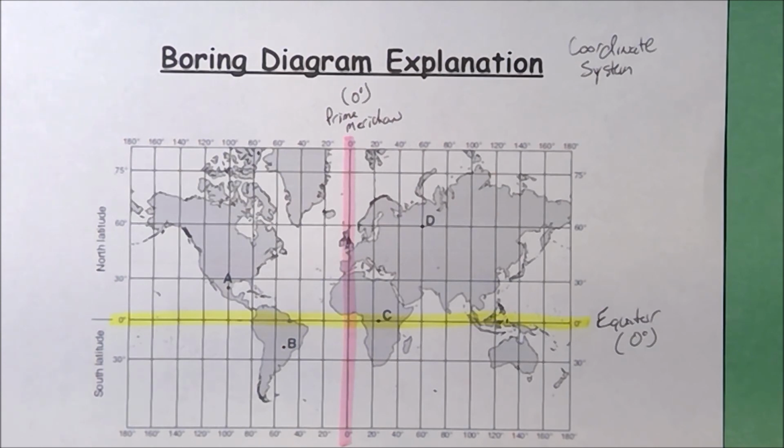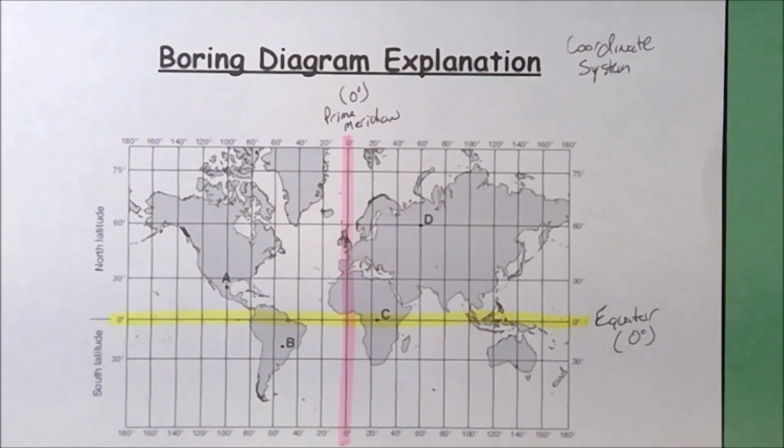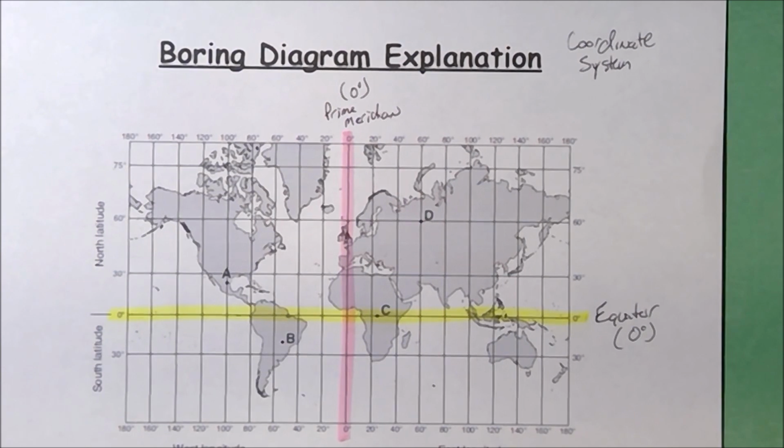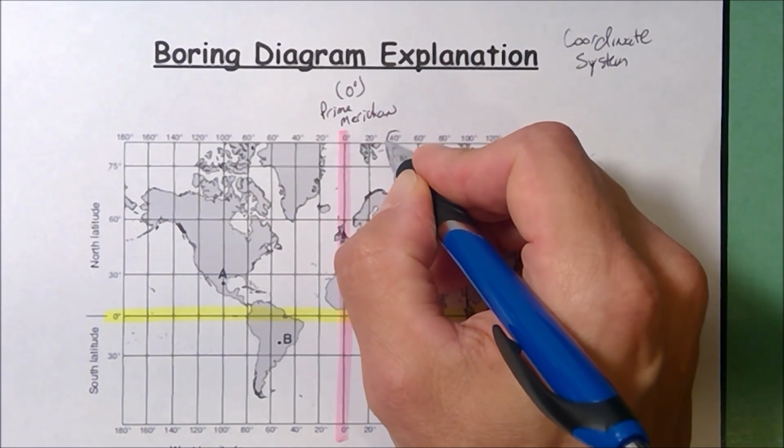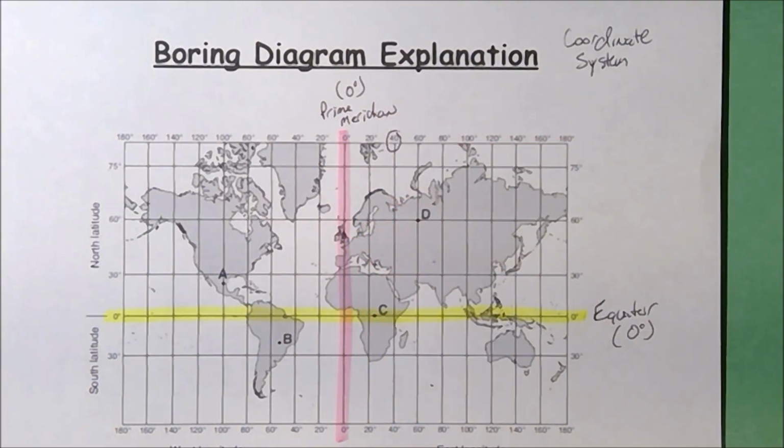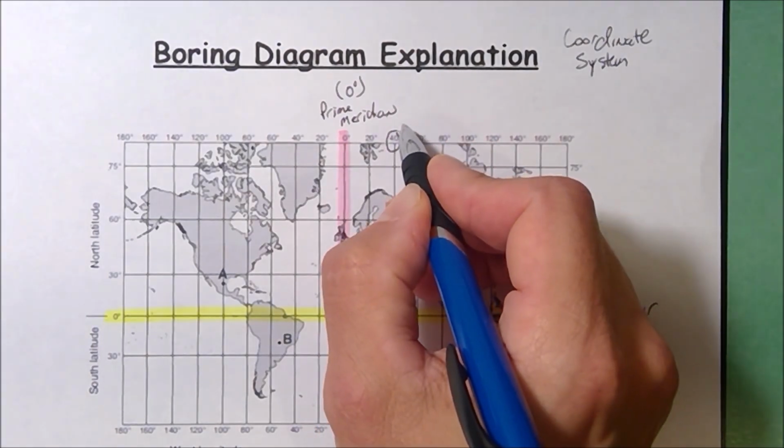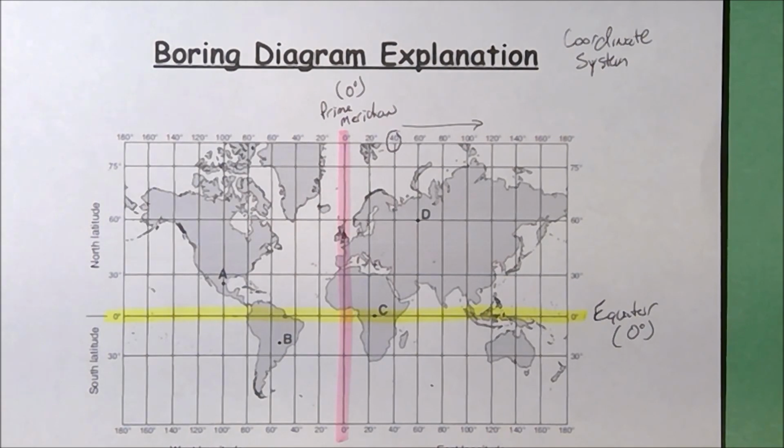Now, this map is really nice because on the sides it tells you which numbers are associated with longitude and latitude, but sometimes they won't do that. One trick that you can always use is if you find the direction that a value increases, that's describing the direction of measurement. So if I look at this 40, the numbers are increasing as I head east.